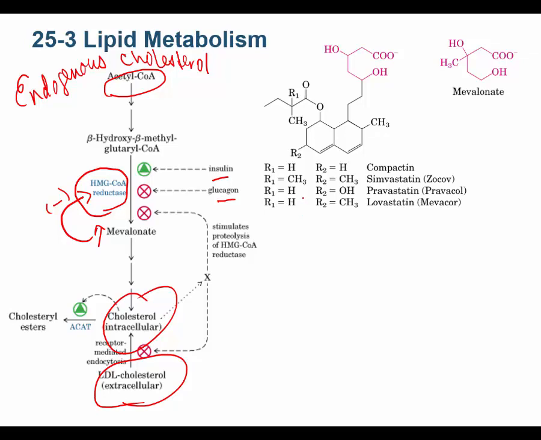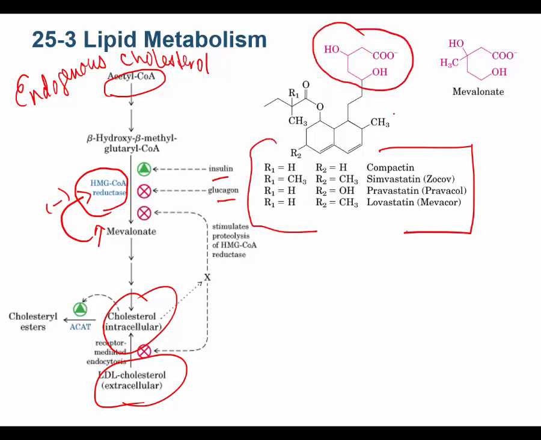Well, I also have drugs, like these drugs right here. These drugs have a mevalonate type moiety. See, it looks like that. It looks like mevalonate. So Lipitor, Mevacor, and all these statin drugs, they have a moiety that looks like mevalonate.